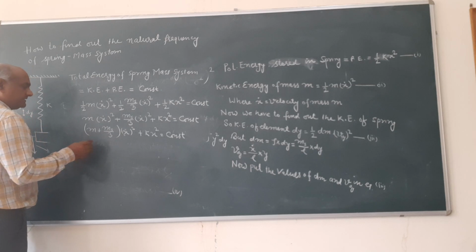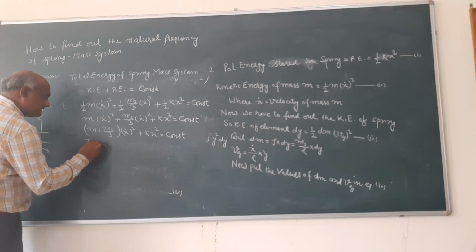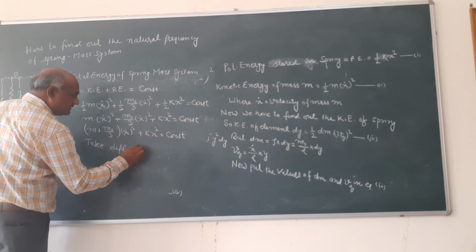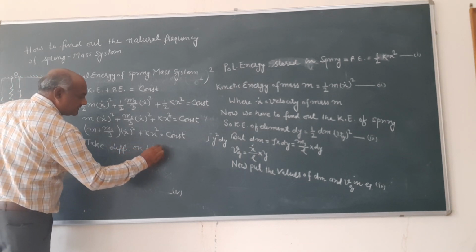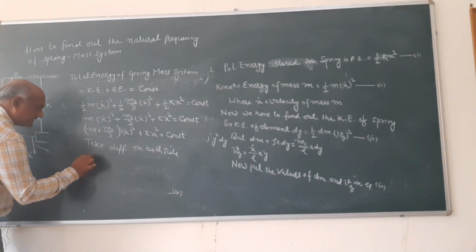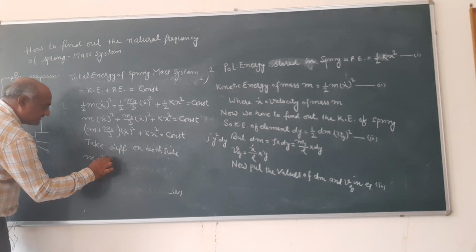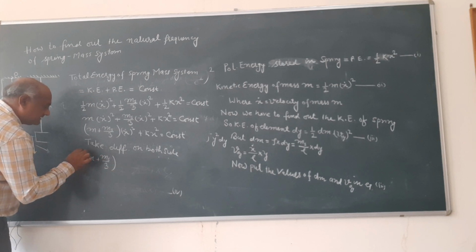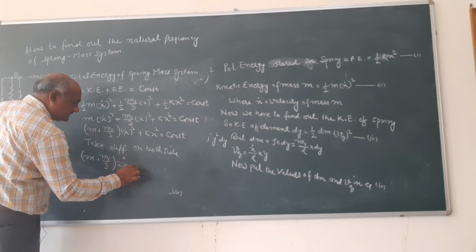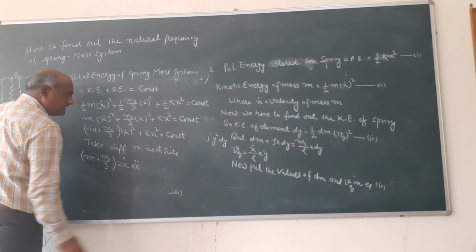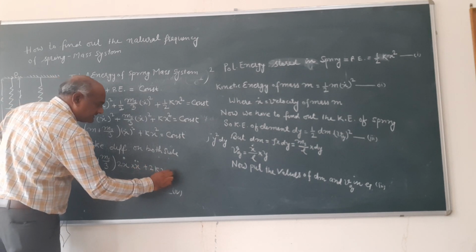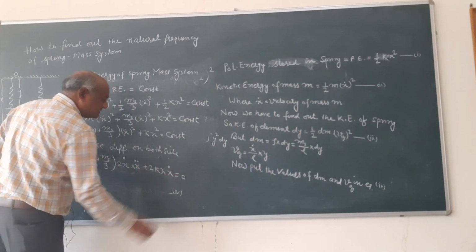Now take differentiation on both sides. It will become m plus ms by 3 into 2 x dot into x double dot plus 2 k x x dot is equal to 0.